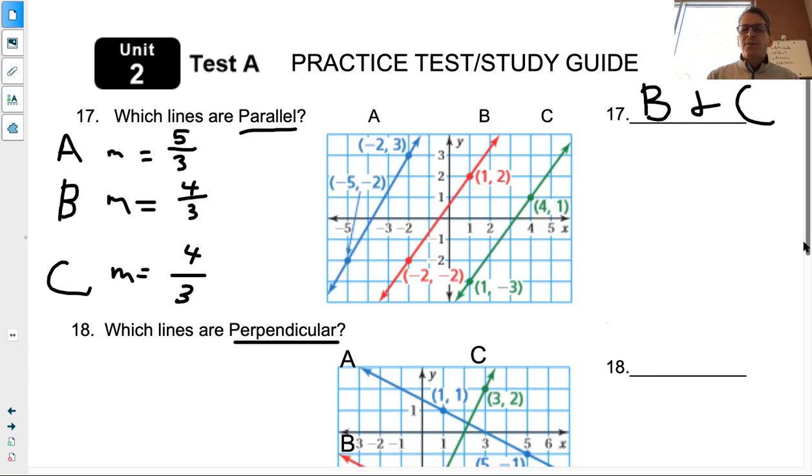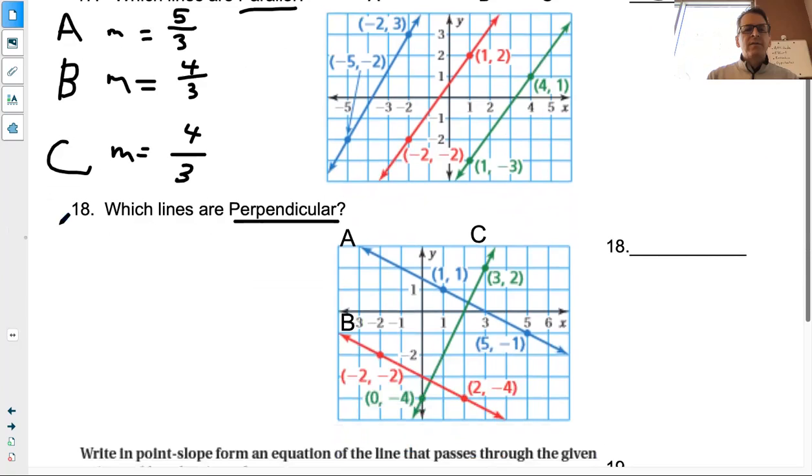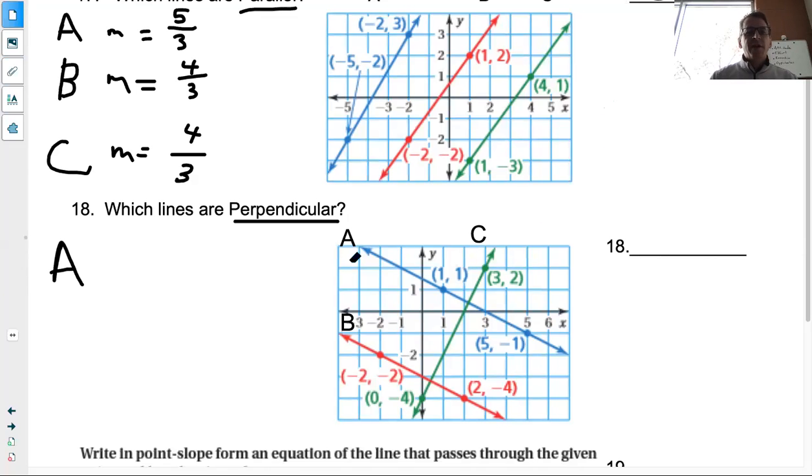We kind of do the same thing for 18, which is we have to find the slope of these lines. The slope of A will equal -2. Okay, for number 18, they ask which lines are perpendicular.